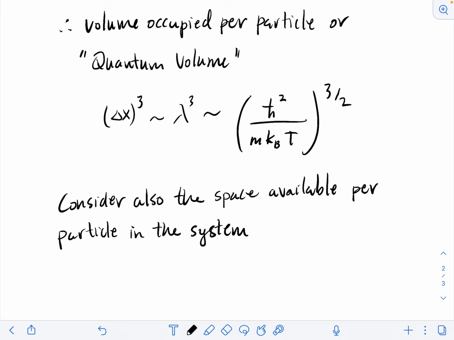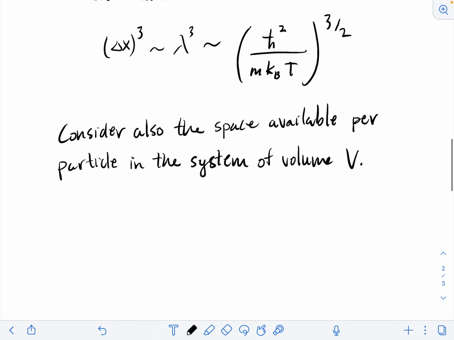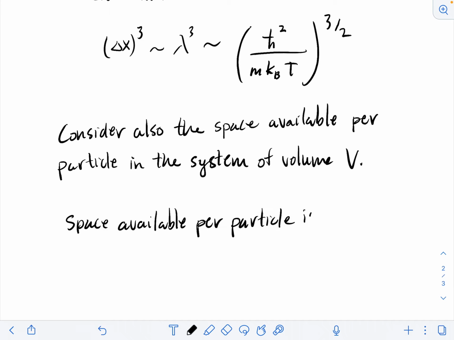Well, let's say our system has volume V. So if our system has the volume V and n particles, then the space available per particle is V over n, which is just 1 over the particle number density.